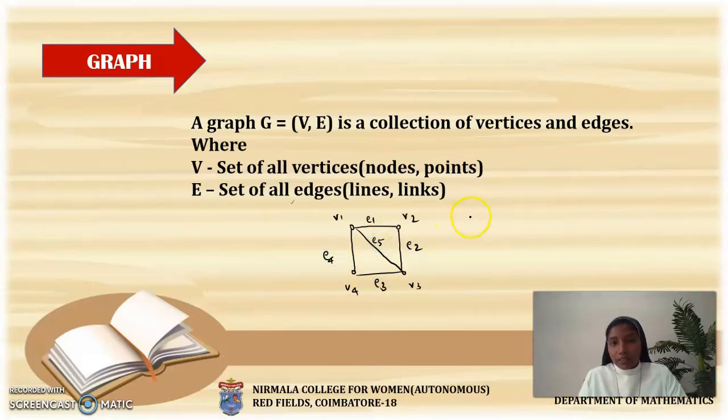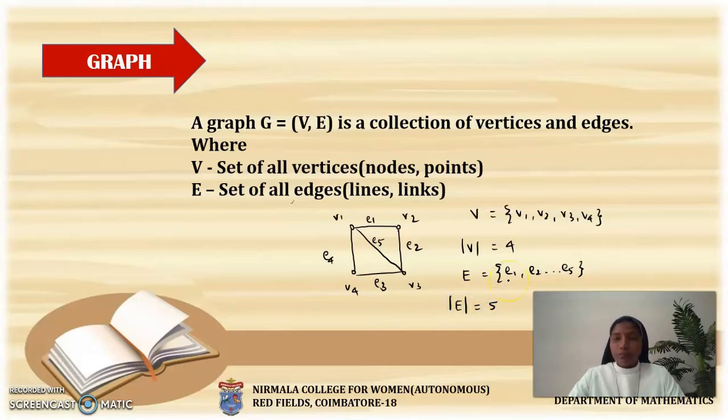So, the vertex set V has 4 elements V1, V2, V3 and V4, so that the cardinality, that is the number of elements of V, is 4, and the edge set E has 5 elements E1 up to E5, such that the cardinality of E is equal to 5.